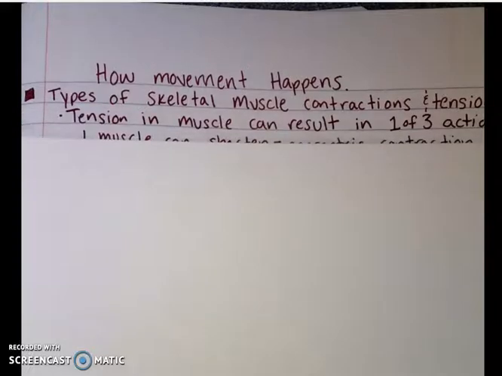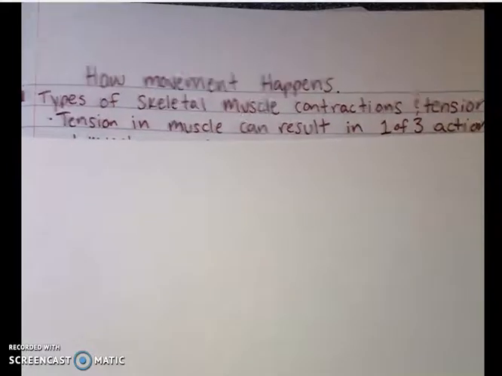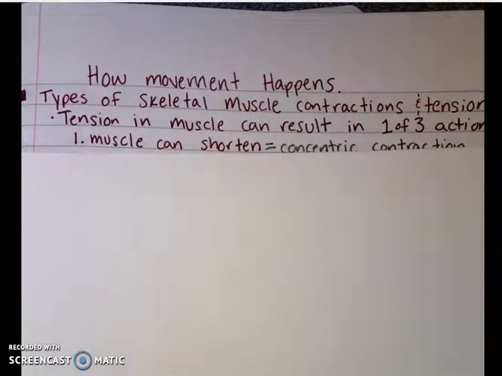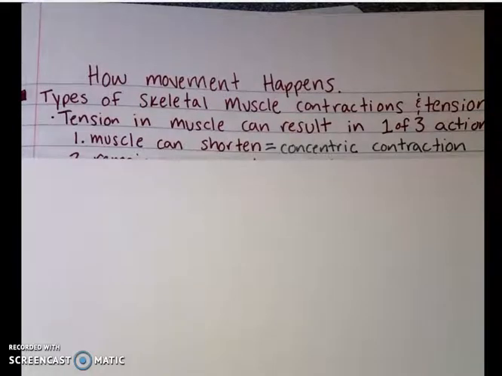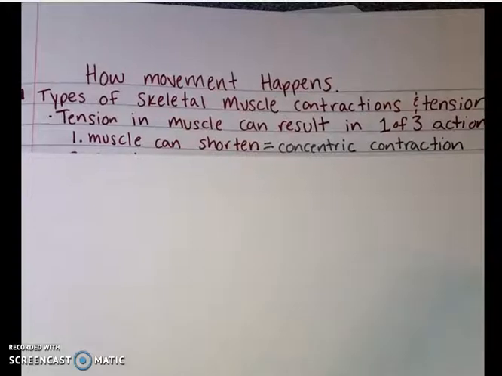So the first thing that you need to know is that tension in a muscle is going to result in one of three different types of actions. The first one is the one that you're probably more familiar with when you think of a contraction, when the muscle gets shorter. This is known as a concentric contraction.